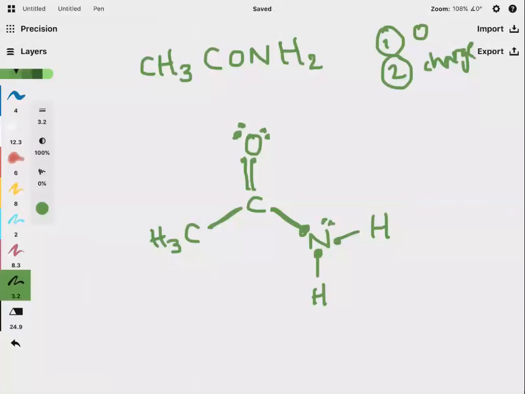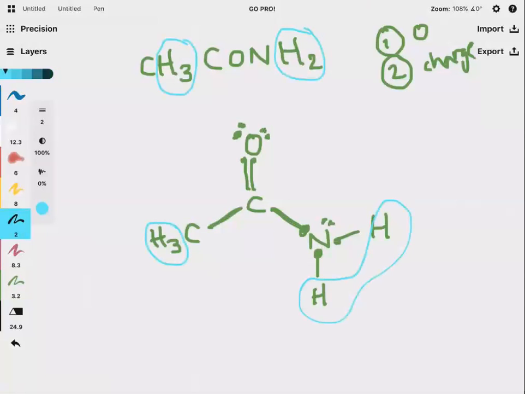So we've accounted for all of our atoms or elements. We had an H3 and an H2, so we had 5 H's total, and we do. There's 3 H's, and here's 2 H's. We had a couple of carbons. There's 1 carbon and another carbon.